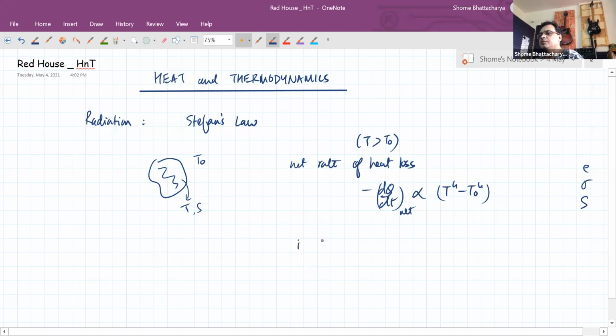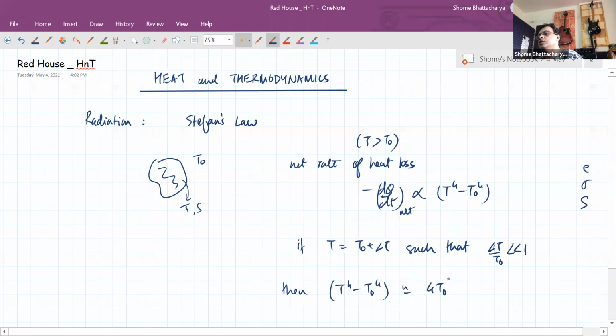Then we had seen that if T is equal to T0 plus delta T, such that delta T by T0 is extremely small compared to 1, then this term T to the power 4 minus T0 to the power 4, by binomial approximation, becomes 4 T0 cube delta T, or 4 T0 cube (T minus T0).